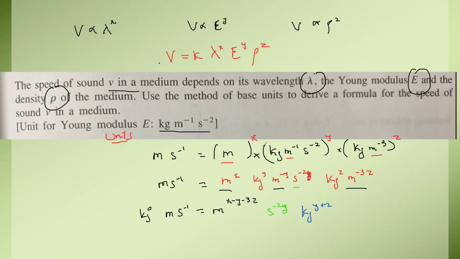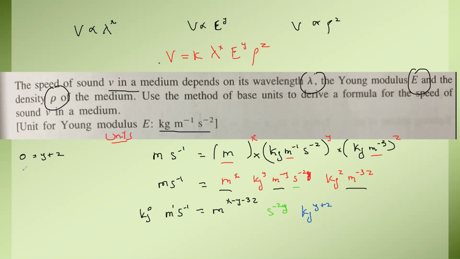It's not there. Now we simplify, we just compare. So if I compare kg, this is 0. So I can say 0 equals y plus z. That is one thing. And I can compare because it's 1 here for the meter.